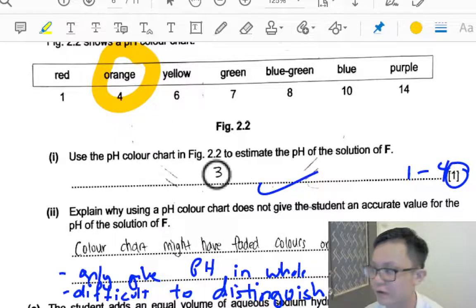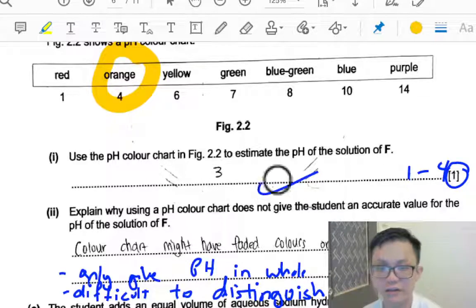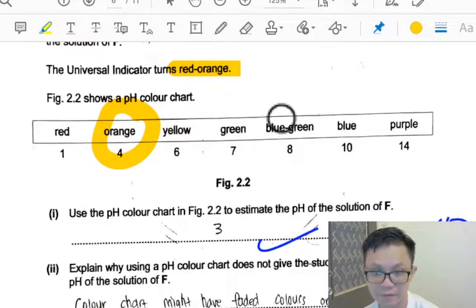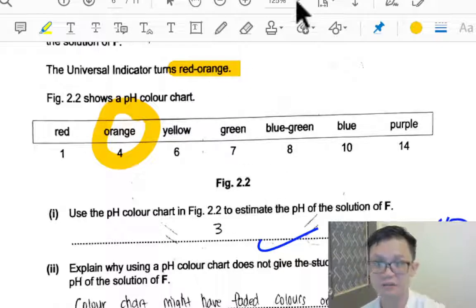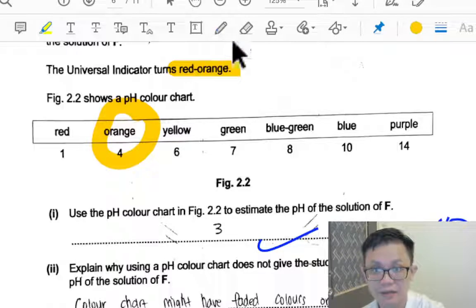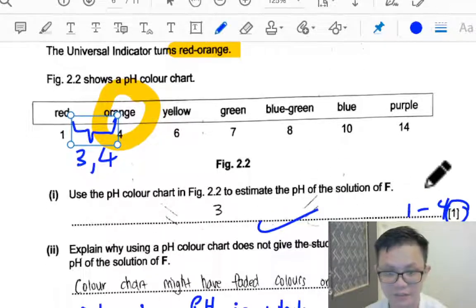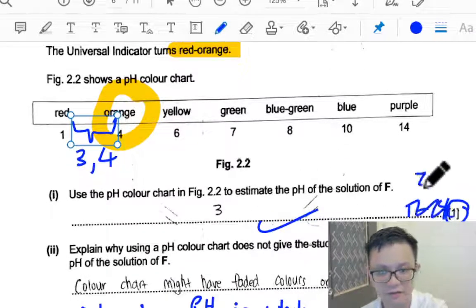Okay, 2, 3, 4. Oh, cannot. You cannot write 4. Sorry. It must be 2 and 3 only. Because it says here red orange. So red orange is the middle here. So it must be either 3 or 4. Oh, this is correct. Hey, this one I wrote wrong. 3 or 4.